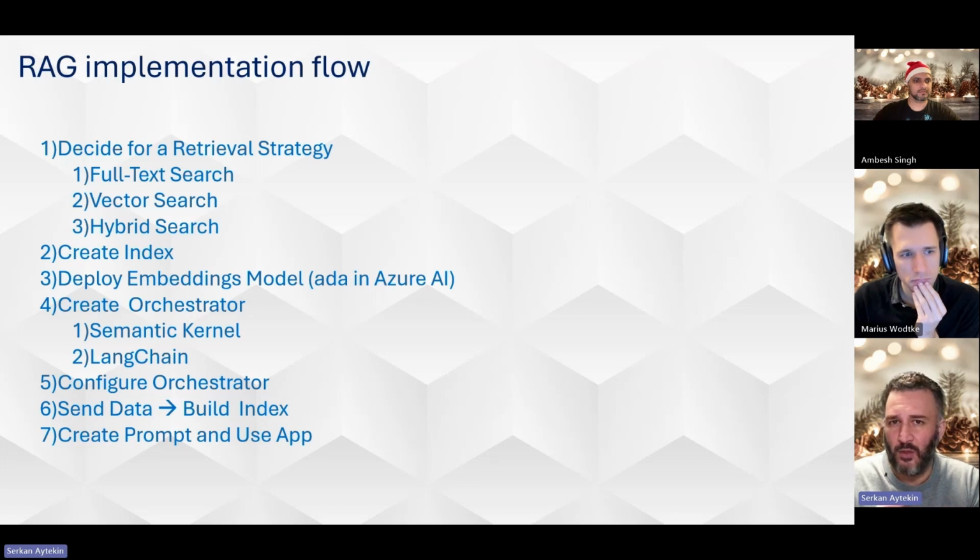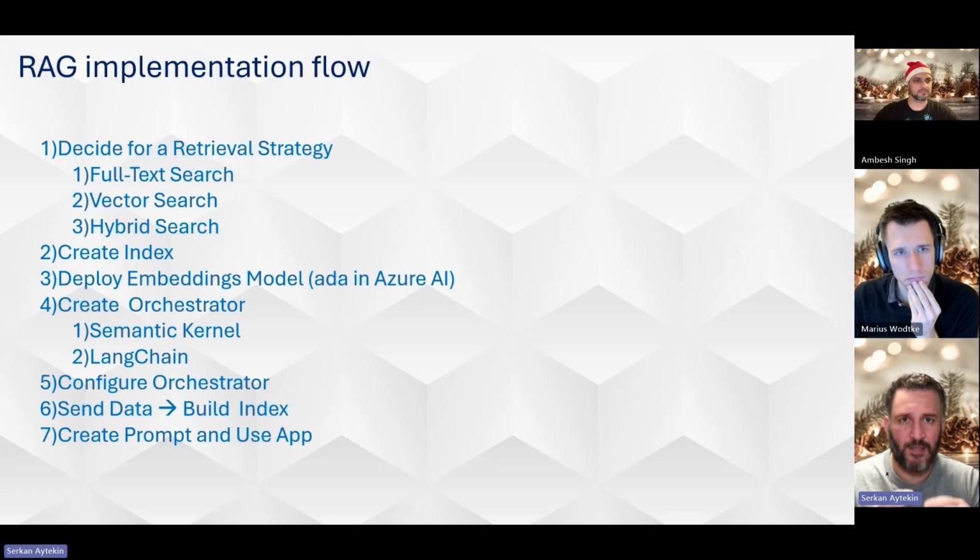The role of the orchestrator is to select an index strategy and other strategies, to enhance the prompt, and so on. There are several of them, but I have used Semantic Kernel from Microsoft, and LangChain is also very popular. And then we also have to configure our orchestrator.